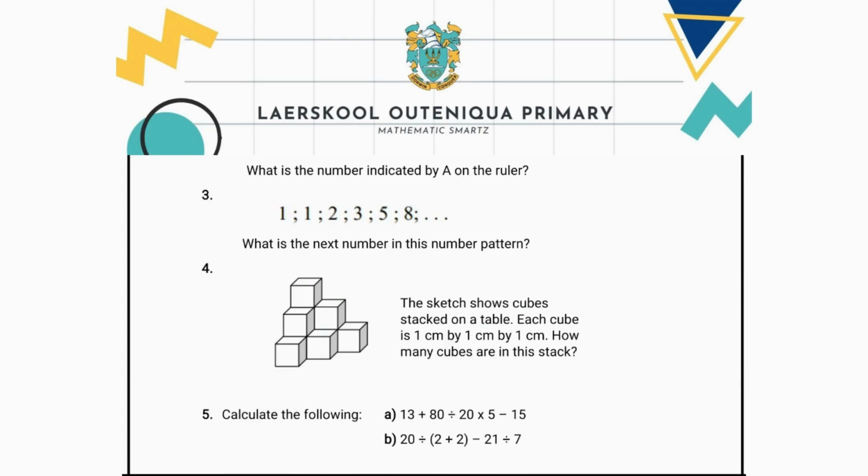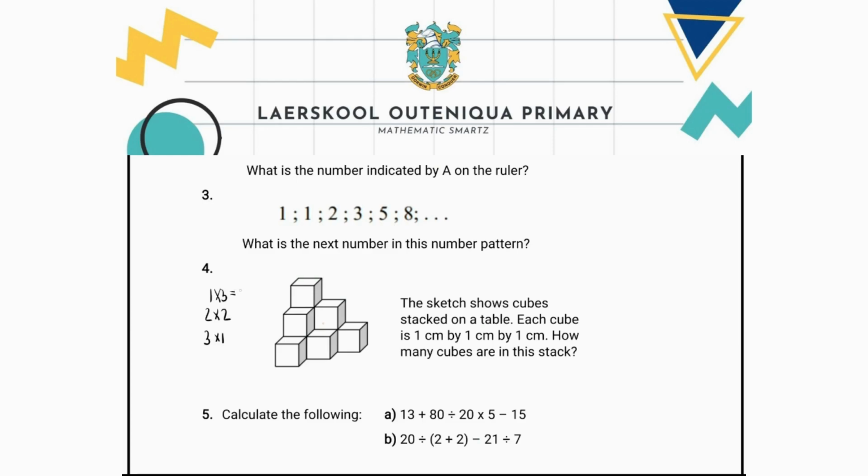The sketch shows cubes stacked on a table. Each cube is 1 centimeter by 1 centimeter by 1 centimeter. How many cubes are in the stack? Well, in this figure, I can clearly see that there is one column with 3 cubes, 2 columns with 2 cubes each, and 3 columns with 1 cube each.